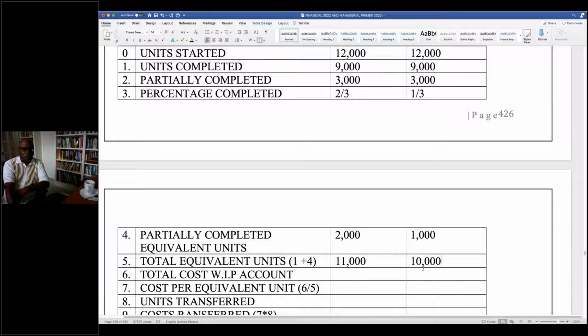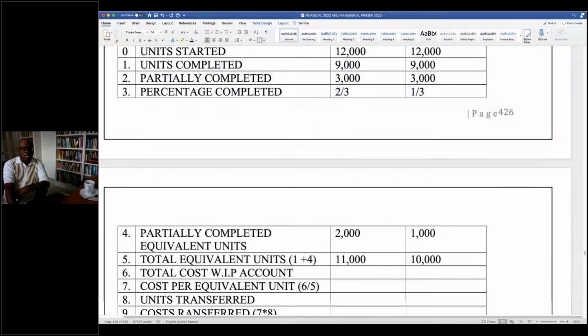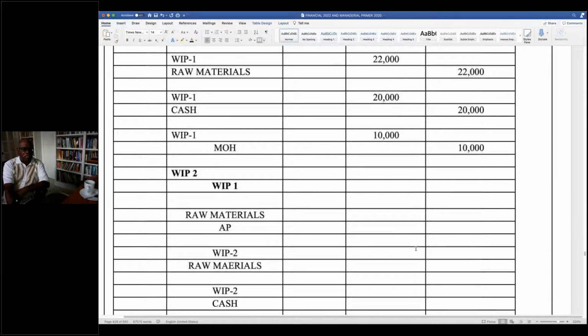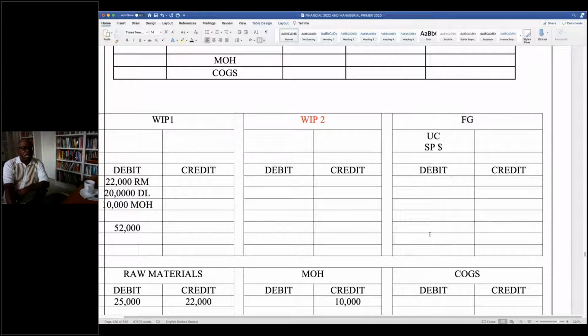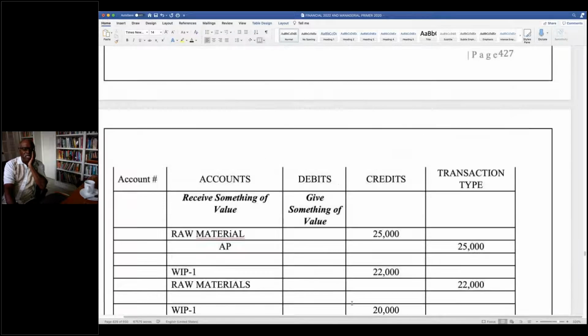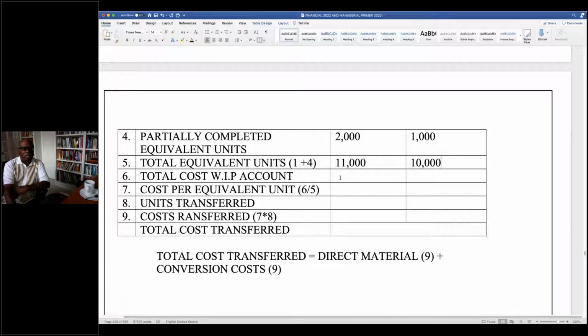Then we go to the work in process account to see how much direct materials and how much direct labor is in there. So if we go to that account, how much raw materials in that account? 22,000. So we're going to come back to this chart and put 22,000 here.